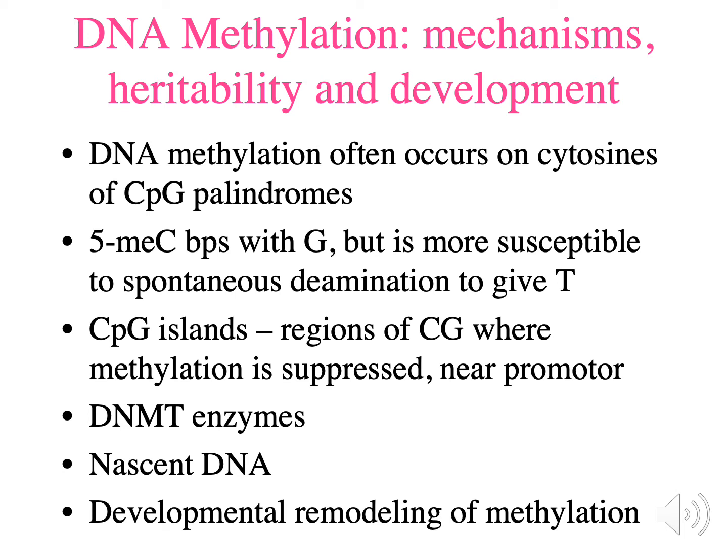It's interesting that the 5-methyl cytosine base pairs with guanosine, but it is more susceptible to spontaneous deamination when it's methylated. And if that happens, then the C becomes a T, and then obviously that's no longer going to base pair with G, and that leads to mutation.